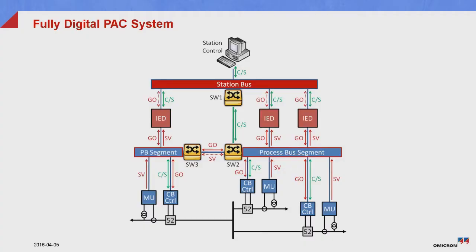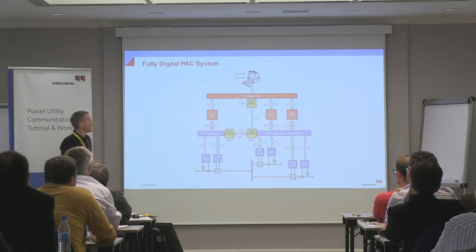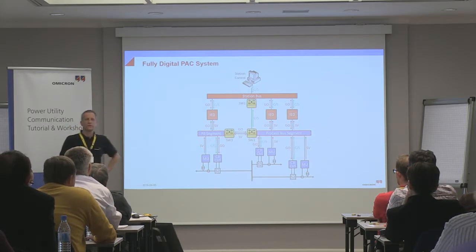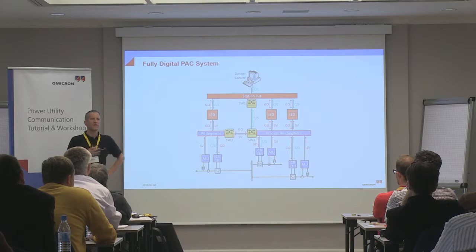Here is a drawing which is also in similar form, not as colorful as here, in this 90-4 communication networking guideline. It should show you that you cannot simply say, okay, here we have something that we call the process bus and there are only sampled values, or here something which is the station bus and we have only client-server there.